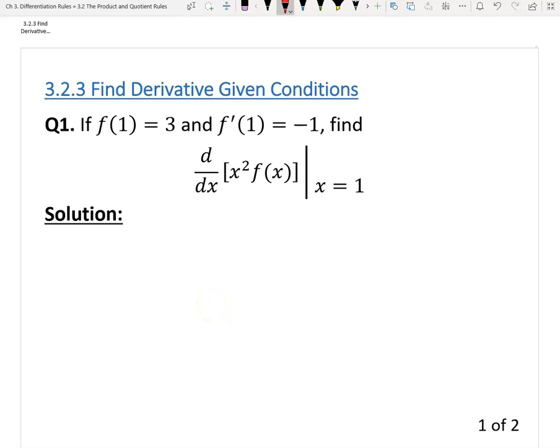Which rule to use first, the quotient rule or the product rule? It is determined by the function here, and this function is a product. Therefore, we definitely have to use the product rule.